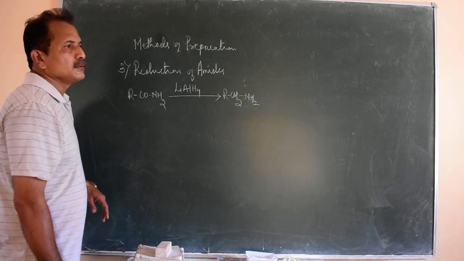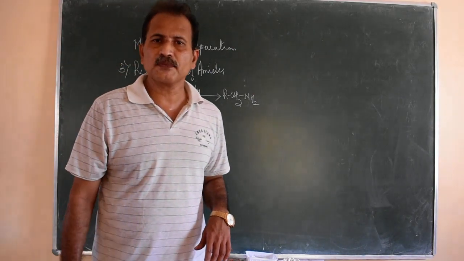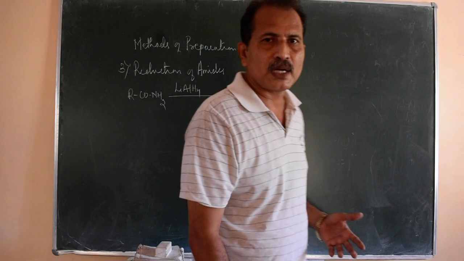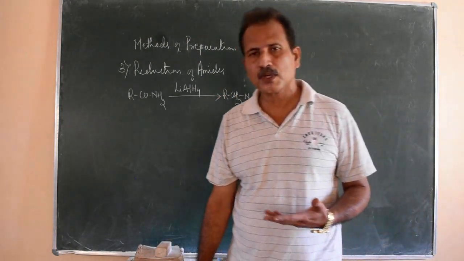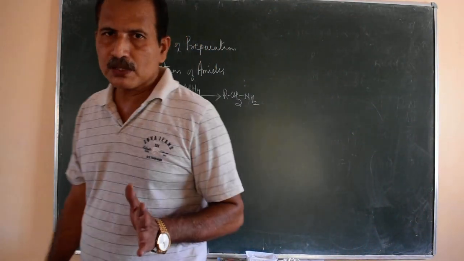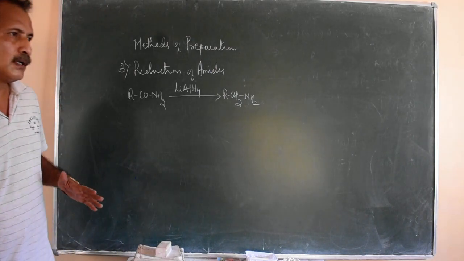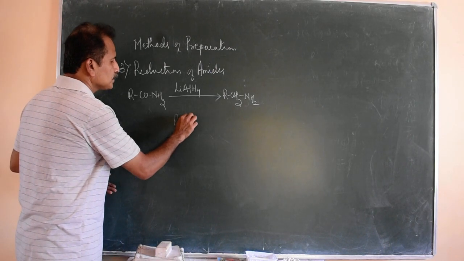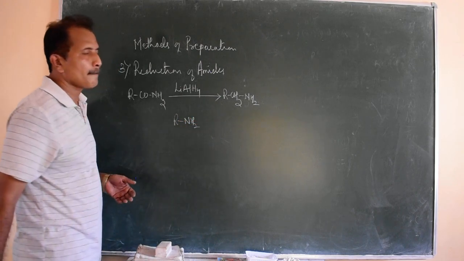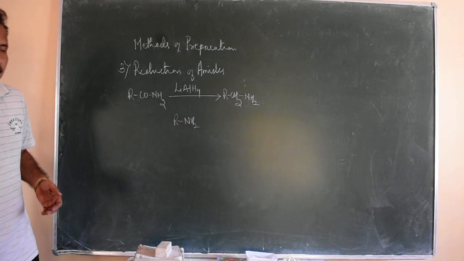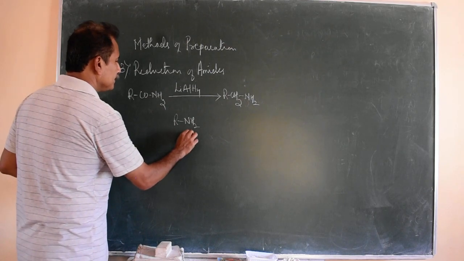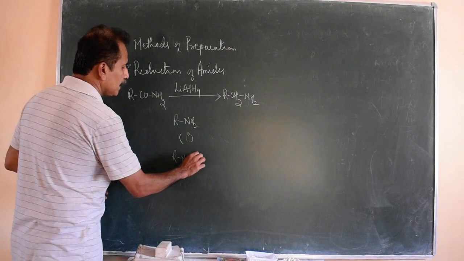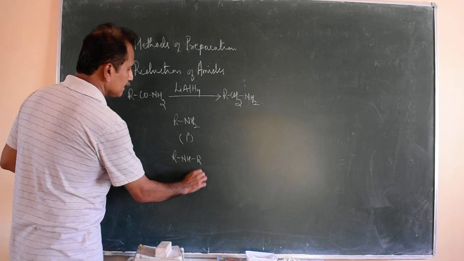Then coming to the classification of amines. Amines are classified depending upon the number of hydrogen atoms replaced by alkyl groups or aryl groups. So if you replace one hydrogen by an alkyl or aryl group, I get R-NH2. This becomes a primary amine or 1 degree. Then if I replace 2, I get R-NH-R, that is secondary.